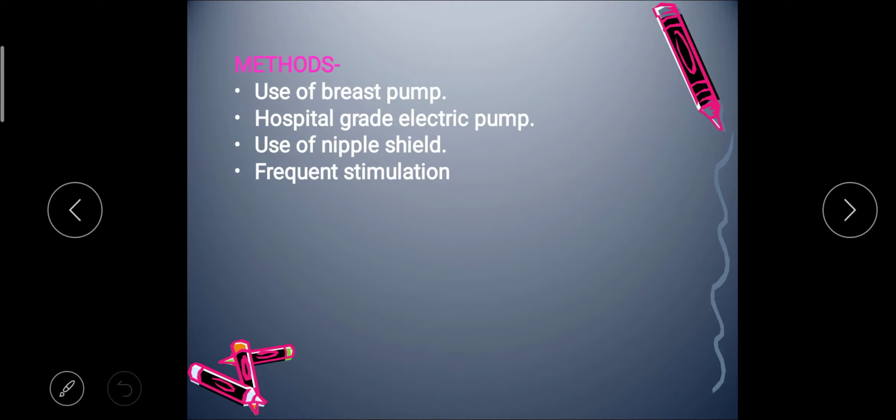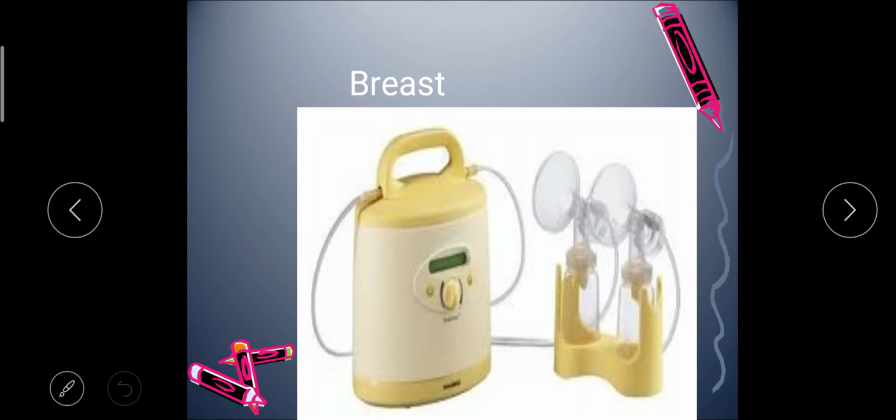And the methods by which this type of woman can feed their baby: use of a breast pump, hospital grade electric pump, use of nipple shield, and frequent stimulation. This is the picture of a breast pump, used to express the milk from the breast in case of inverted nipples.